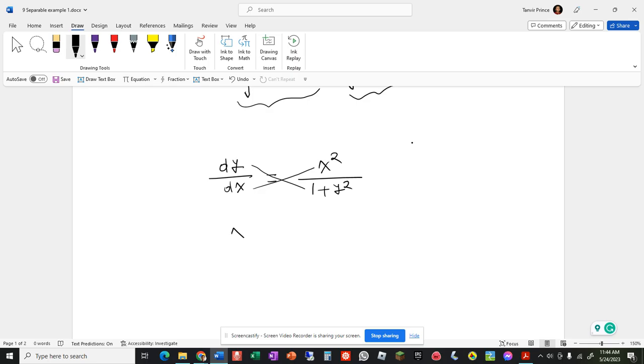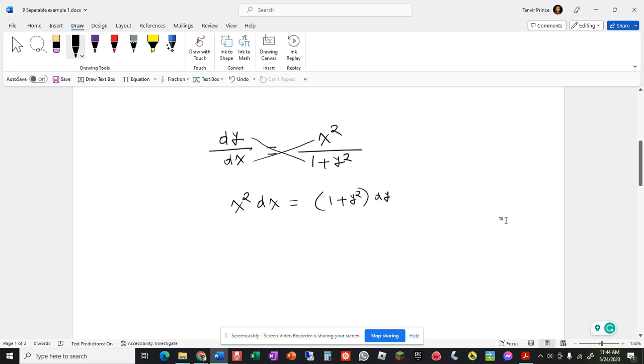If I cross multiply, I get x squared dx on one side and 1 plus y squared dy on the other side. So it satisfies the definition of a separable differential equation, right? We have some function of x times dx, some function of y times dy. So let's take the integral of both sides.